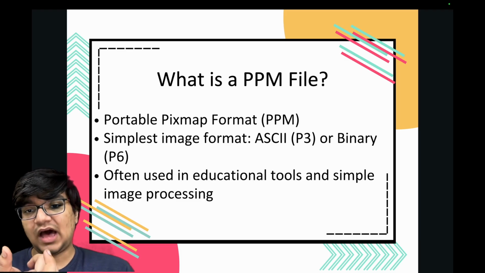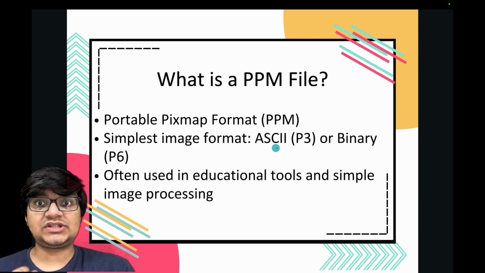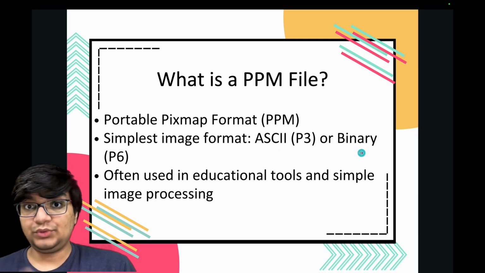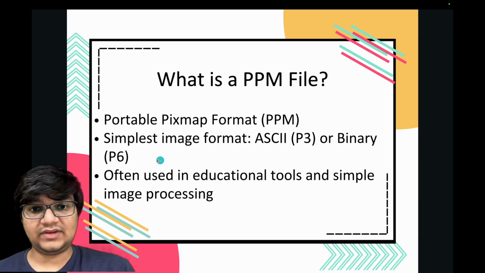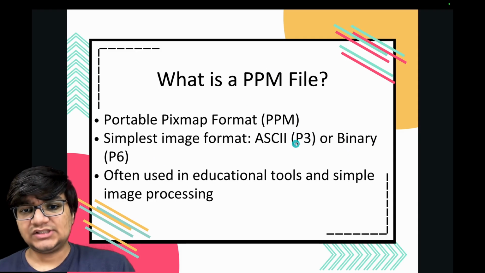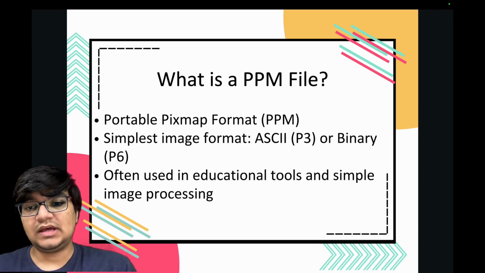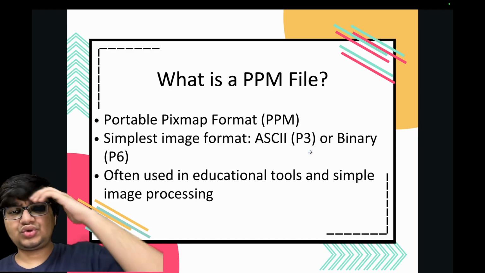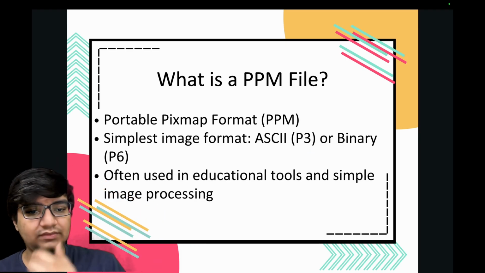We have the ASCII format, which is something we can read. Binary is something which computers can read very well. So those are the two formats available for this PPM image. For the beginning, I would be using the ASCII format, the P3 format of the image. I would show you how all of these formats are, how we change the format and all of that.